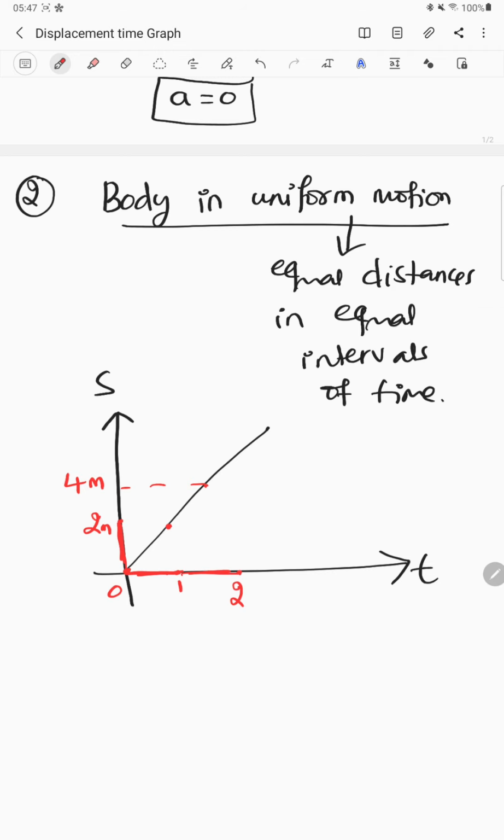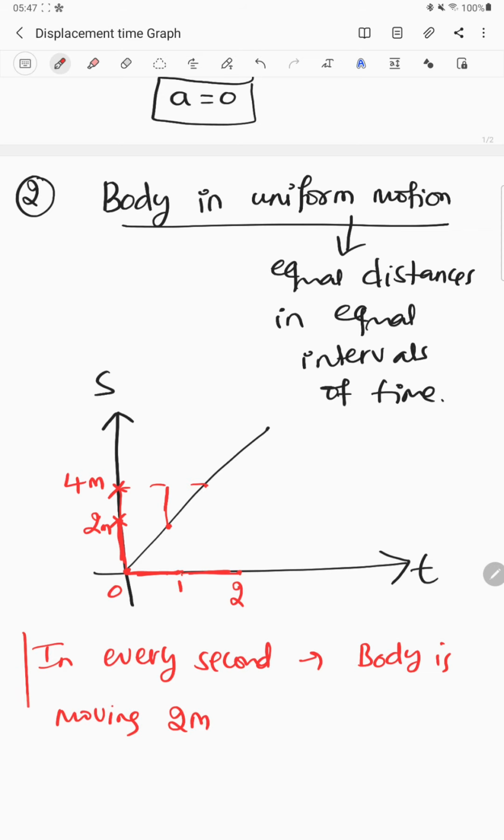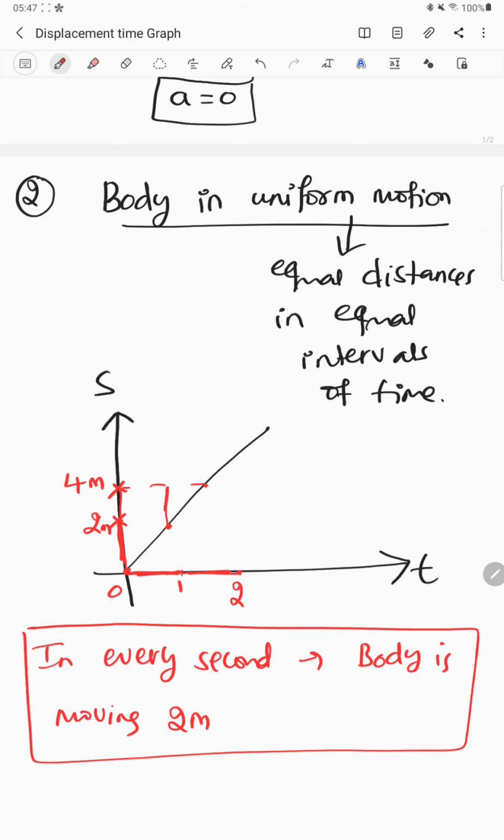Now in another 1 second, how much has it moved? Another 2 meters. Are you understanding my point? 2 to 4 means another 2 meters, no? So in every second, the body is moving 2 meters. So then definitely this is the case of uniform motion, right?